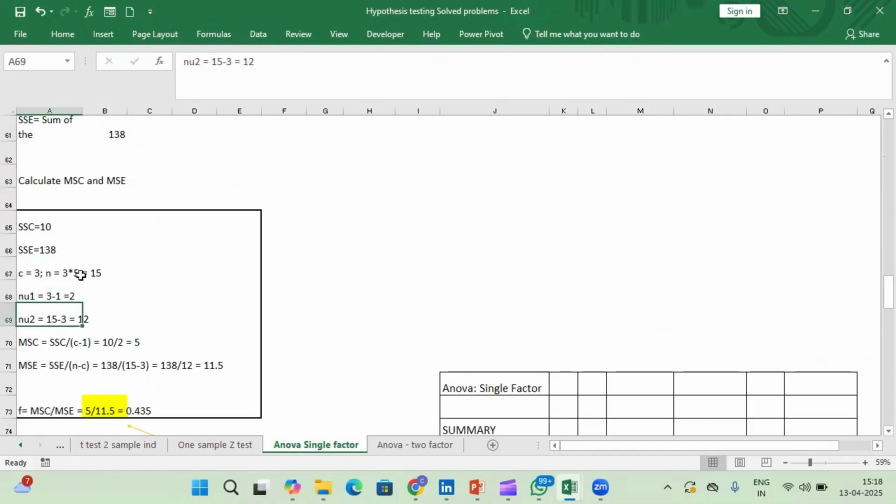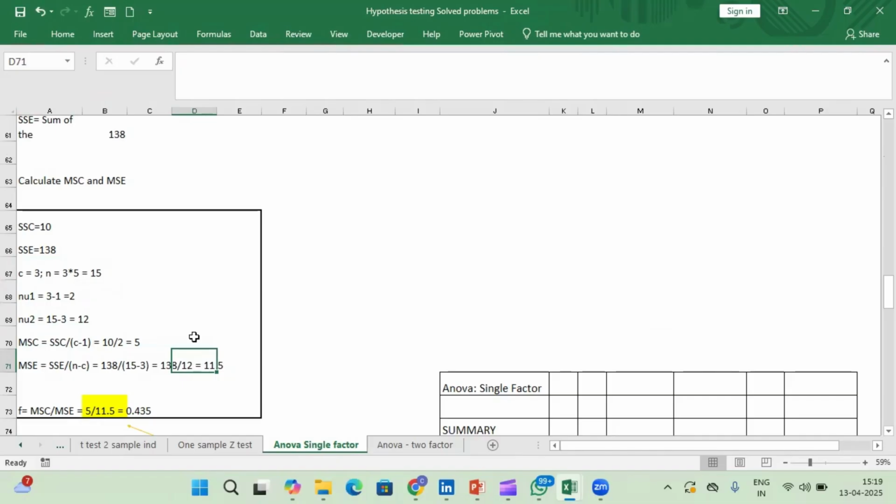Nu 2 is this, 15 minus 3, as 3 colleges are there, that is 12. So MSC is equal to SSC by C minus 1. SSC was 10, C minus 1 is 2, so it equals 5. MSE is SSE, that is 138, divided by N minus C, that is 12, which comes to 11.5.